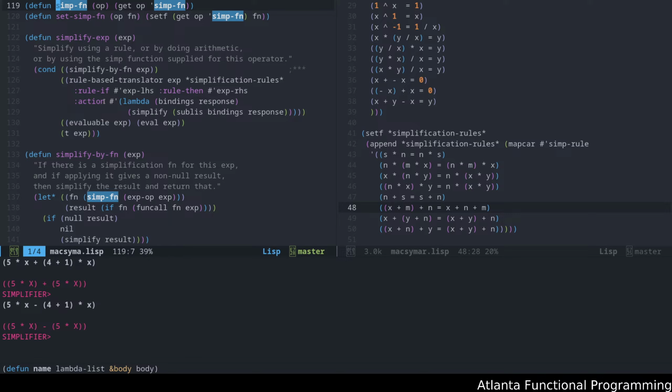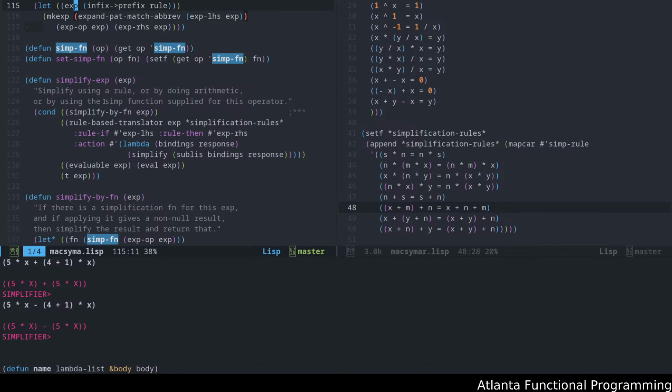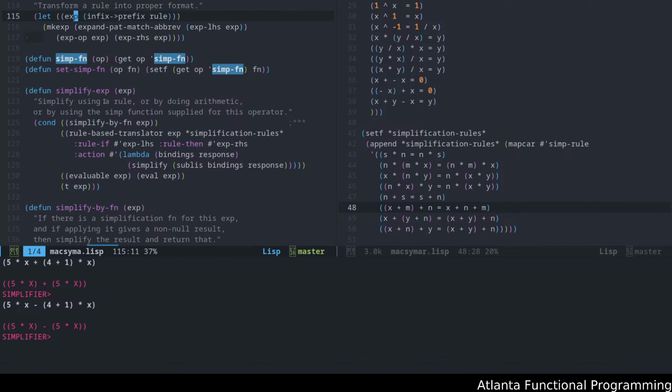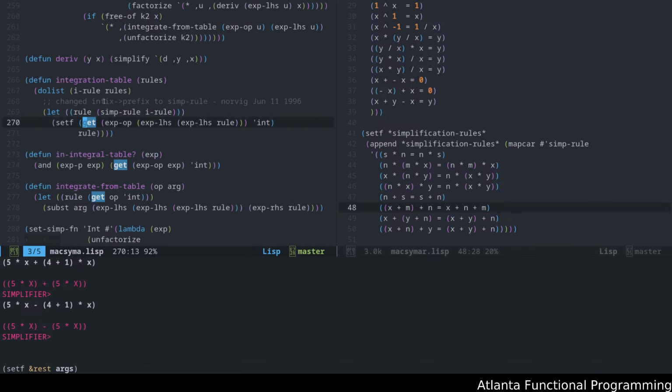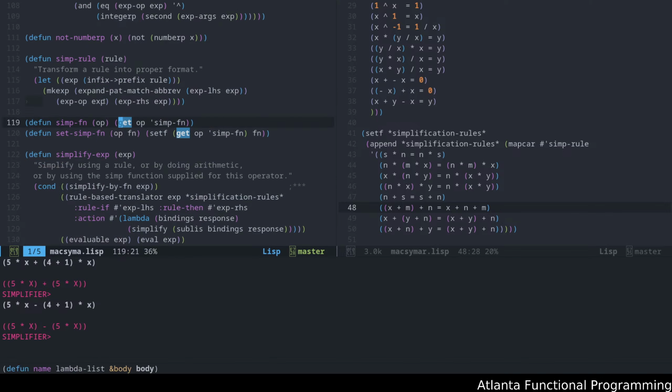And if you look at what this is doing, this get op, this simp function here, what is this? This is actually the get of the symbol and the indicator.